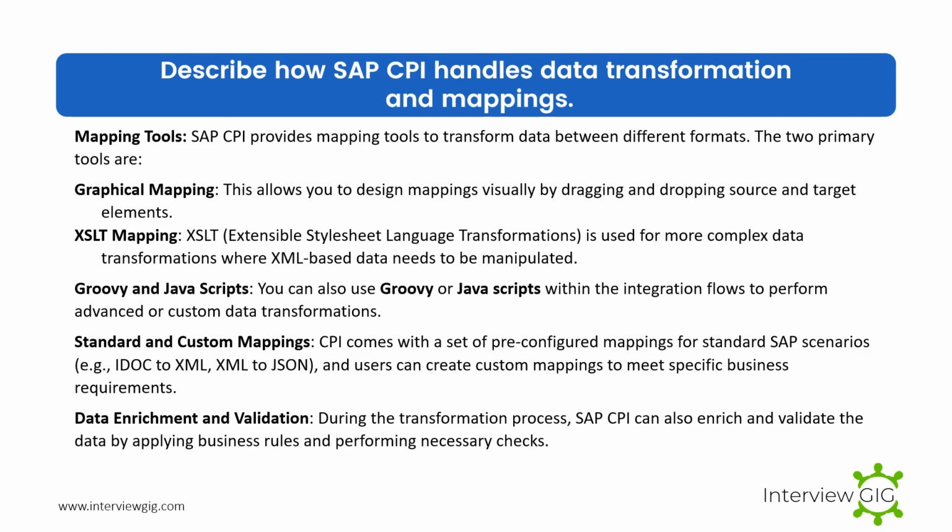Groovy and JavaScripts. You can also use Groovy or JavaScripts within the integration flows to perform advanced or custom data transformations. Standard and custom mappings. CPI comes with a set of pre-configured mappings for standard SAP scenarios, e.g. IDoc to XML, XML to JSON, and users can create custom mappings to meet specific business requirements.